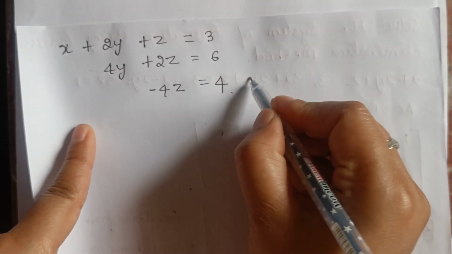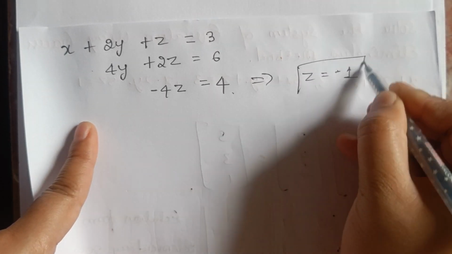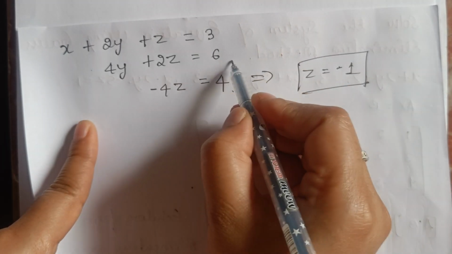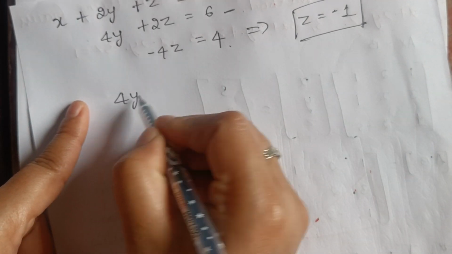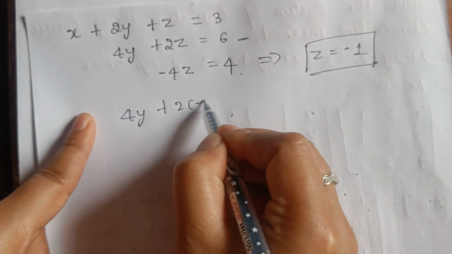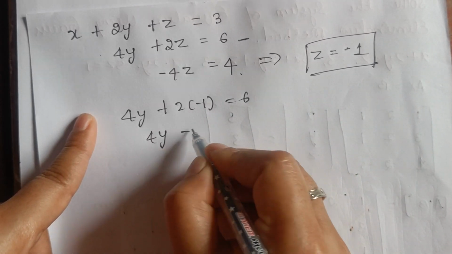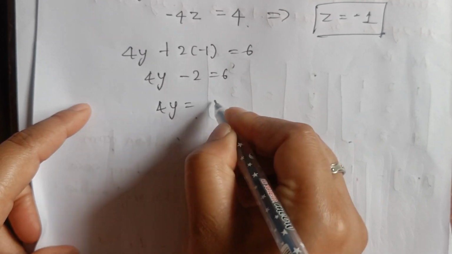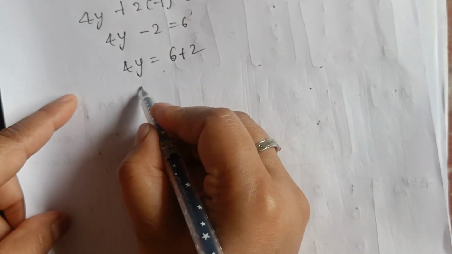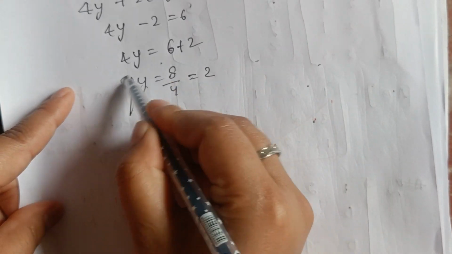From here, the value of z is minus 1. I can substitute this value into the second equation: 4y plus 2 into minus 1 equals 6. So 4y minus 2 equals 6, 4y equals 6 plus 2, y equals 8 by 4, which equals 2.